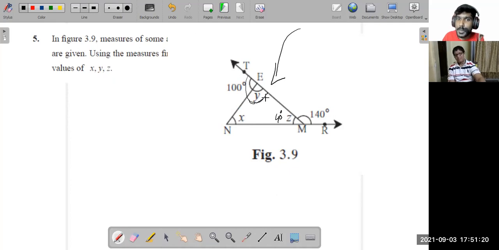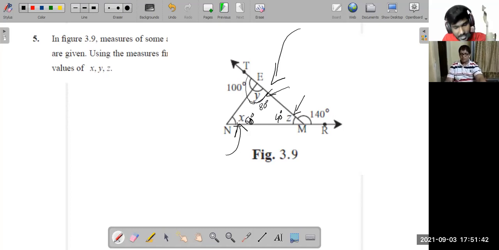So how much will y be? 80 degrees. Now, if this is 40 and this is 80, how much will this be? 60 degrees. What did you use there to get 60 degrees? Angle sum property of a triangle.